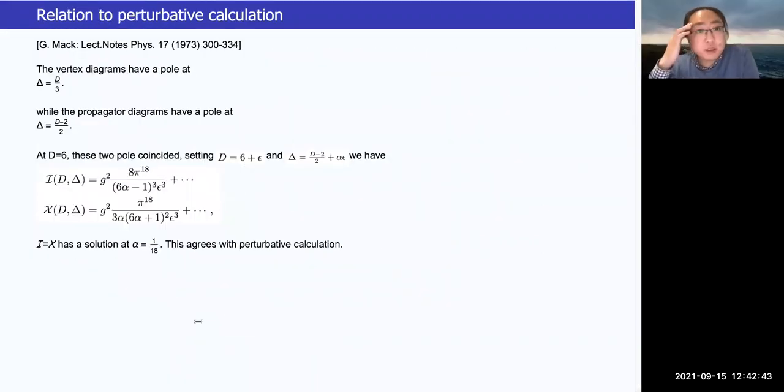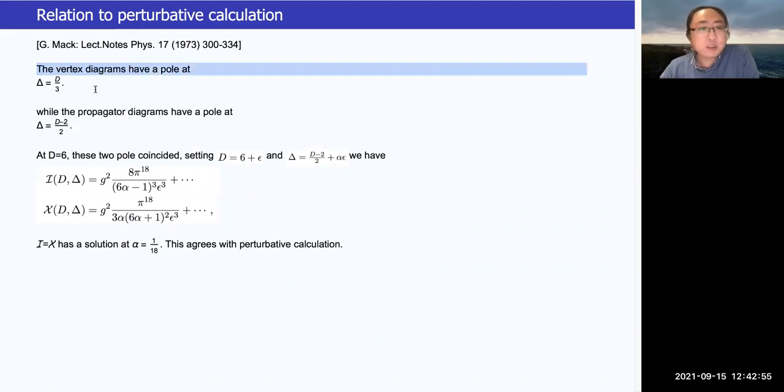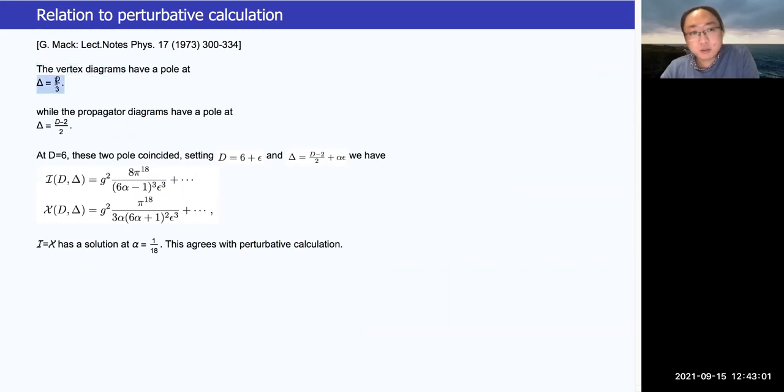So this is right after dimensional regularization was invented. Actually, Mark came up with the first solution of these bootstrap equations. I should mention there are two diagrams, right? We considered the vertex diagram has a pole at d/3, while the propagator diagram, the stress tensor diagram, has a pole at (d-2)/2.